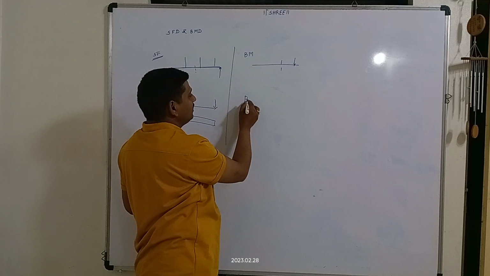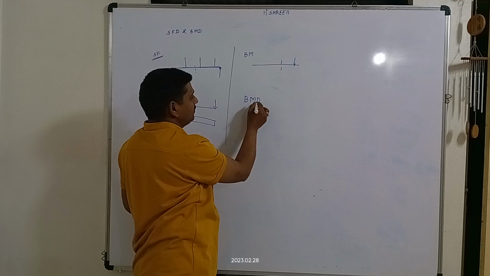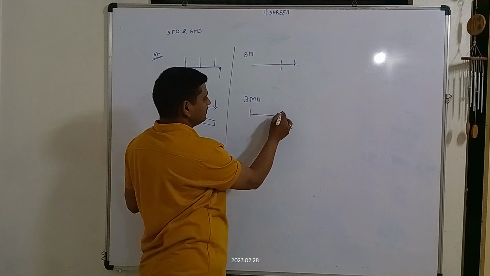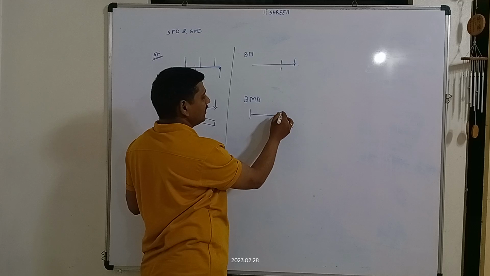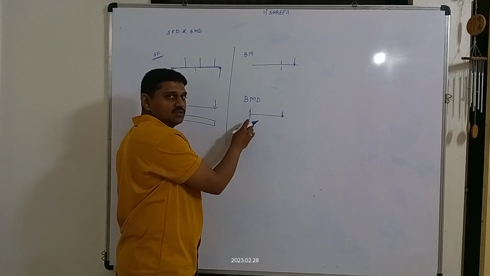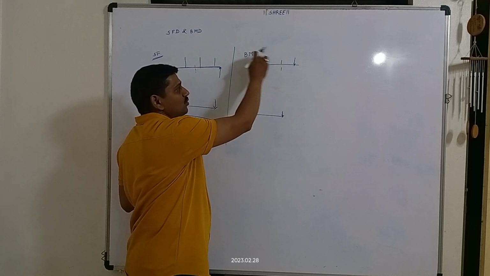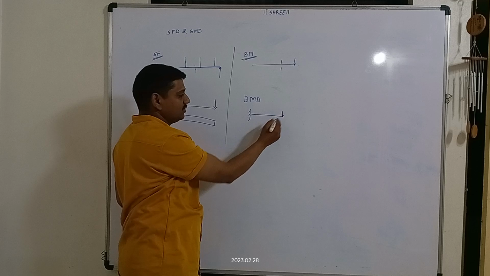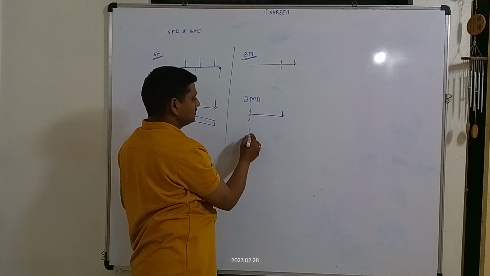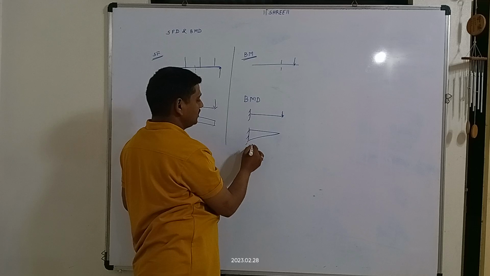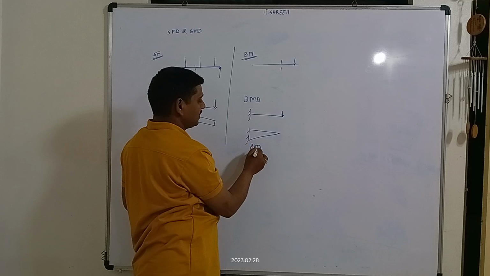And bending moment diagram is, if we consider a cantilever having point load at free end, the diagram which shows the variation of the moments along the length of the beam, which gives us the result as this one. This is called as bending moment diagram.